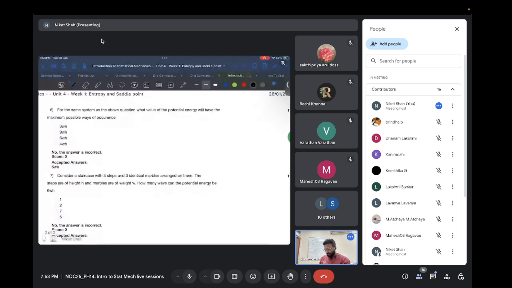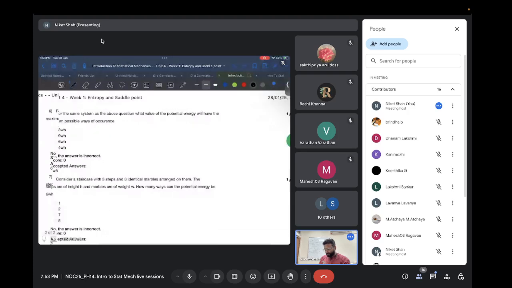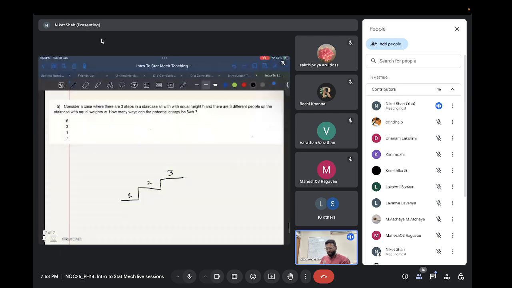Just a moment. Okay, so consider a case where there are three steps in a staircase, all with equal height h, and there are three different people on the staircase with equal weights. So what we want is the potential energy.